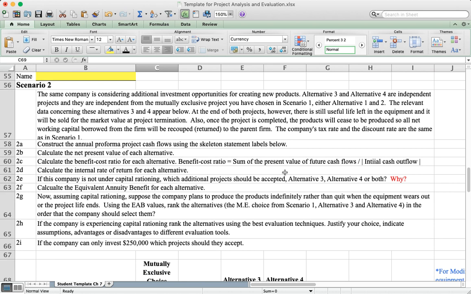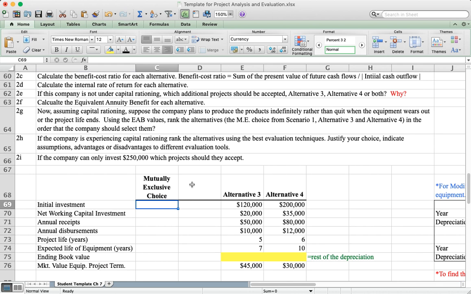The idea here is that all of these opportunities now are independent of one another. So by accepting the mutually exclusive choice, you can still accept 3 and 4, or you can accept 3 and not 4, or you could do 4 and this one. It doesn't matter which way, because they're independent.